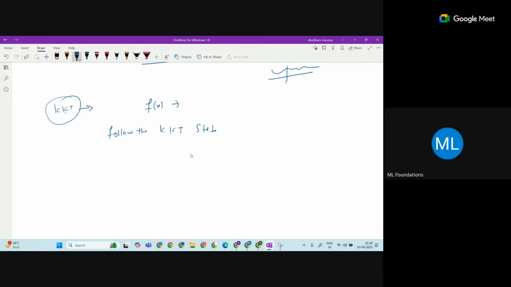Find the stationary condition. Find the complementary slackness. Find the primal feasibility. Find the dual feasibility, and using all this, try to solve. Within the solution, you will get some key points which match some options, and you will choose the correct option.